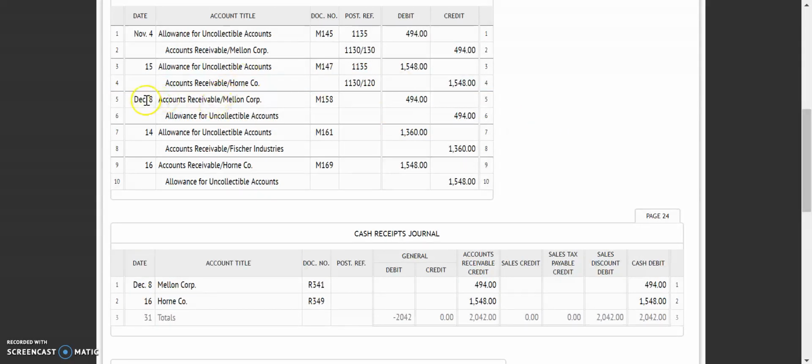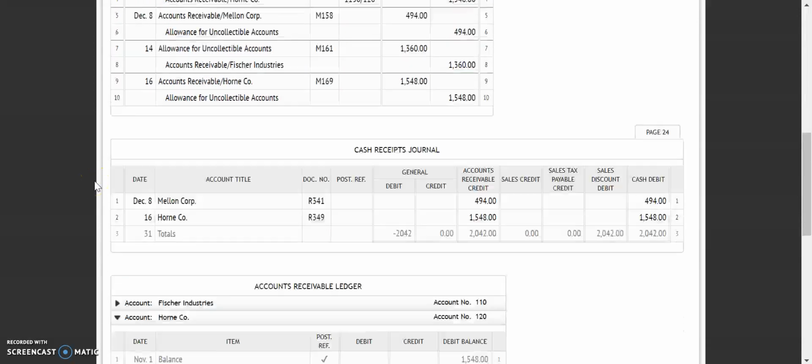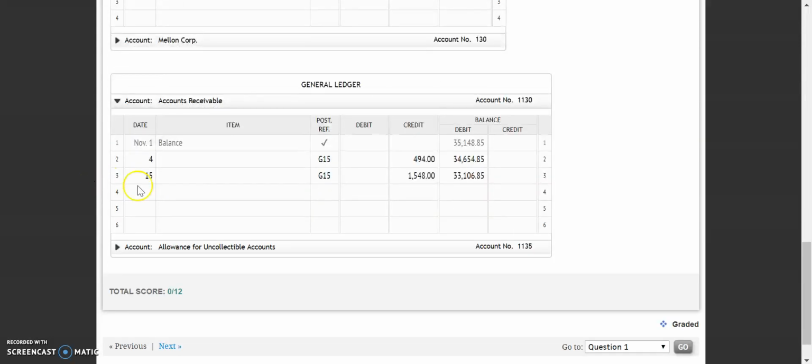Now on the December 8th one, let's remember that this is the one where Mellon Corp actually pays us. So what we're doing is we're reopening this account. So we come down and we're going to debit accounts receivable first. So this is on December 8th, so you do need to write December because you switch months, okay? And this is $494, and then because it's a debit this time, we're actually adding.